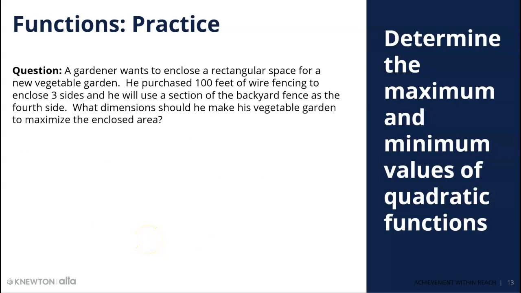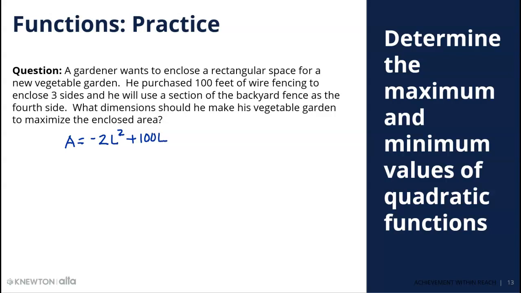Now, in the same problem here, suppose we want to find what dimensions he should make his vegetable garden to maximize the enclosed area. So in the previous slide, we were able to obtain the area, which is A equals negative 2L squared plus 100L.